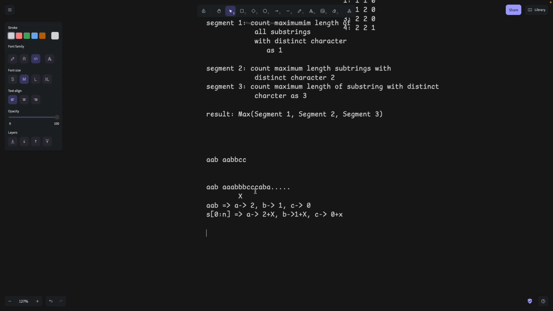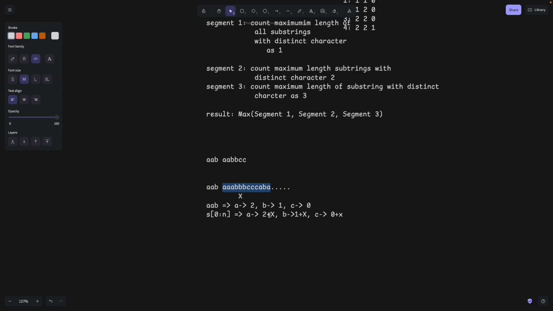Because we know the count of each character is X in a balanced substring, what this tells us is that the difference between A and B at the start of this balanced substring is the same as the difference between any two characters at the end of the substring, right?